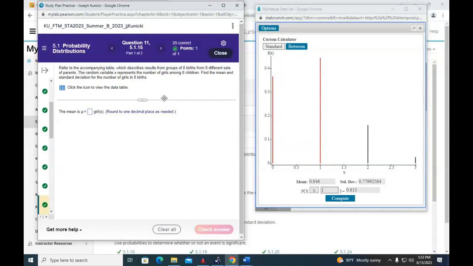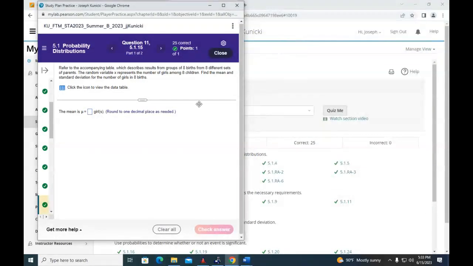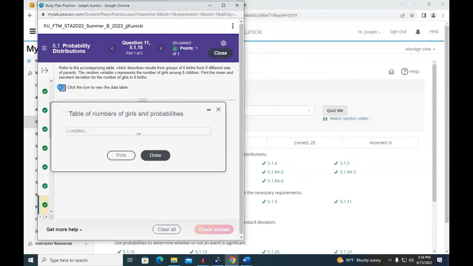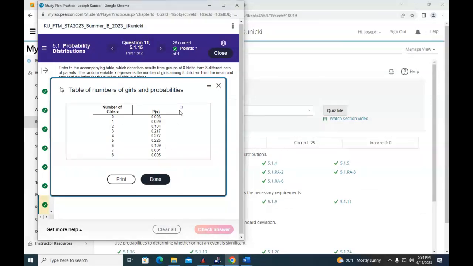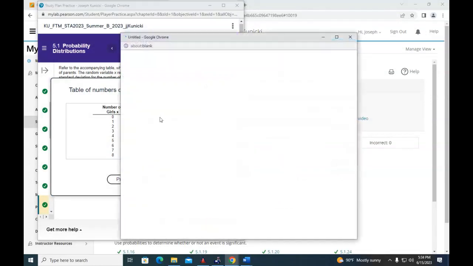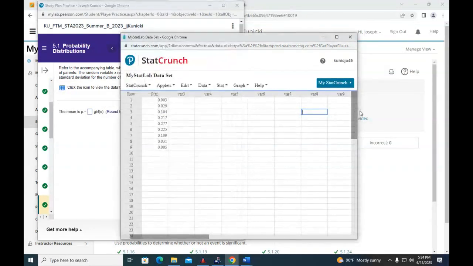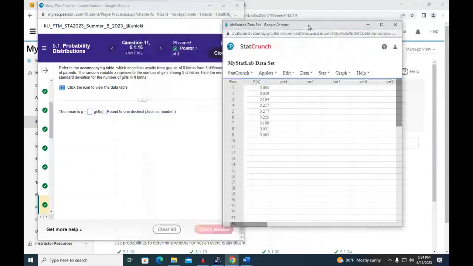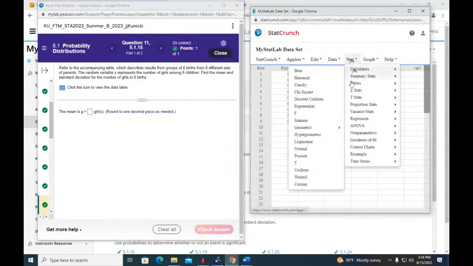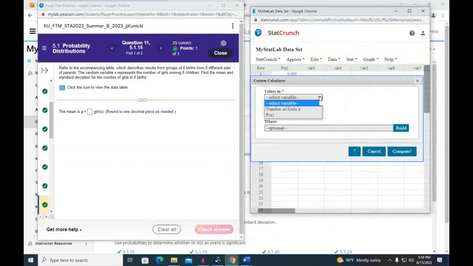Refer to the accompanying table which describes the result from groups of 8 births from 8 different sets of parents. So I guess these 8 different sets of parents had 8 children. Wow. Big families. So we want to find the mean. So this is when we got to open it up again in StatCrunch. Again, I don't need it anymore, so I'm going to close it and make this a little smaller and do Stat, Calculator, Custom.